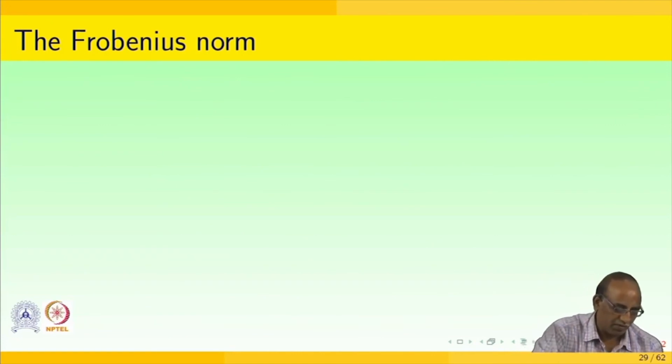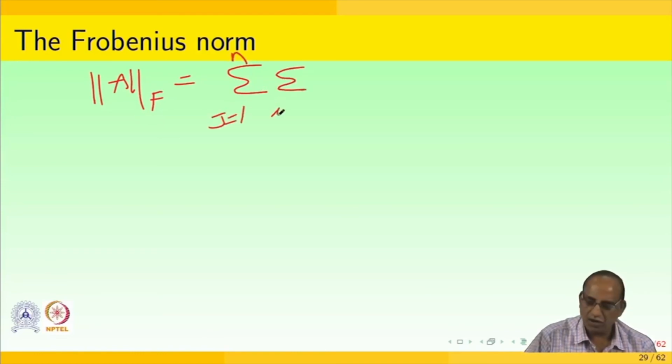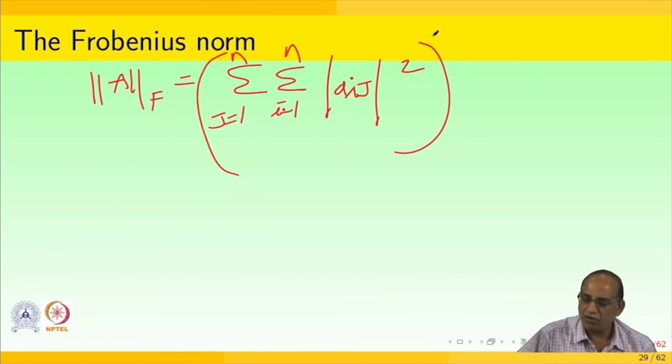Look at this second norm, which we call the Frobenius norm, which is very, very important. The norm of A in F is the summation over j from 1 to n, summation over i from 1 to n, of mod of aij whole squared, raised to the power 1 over 2.